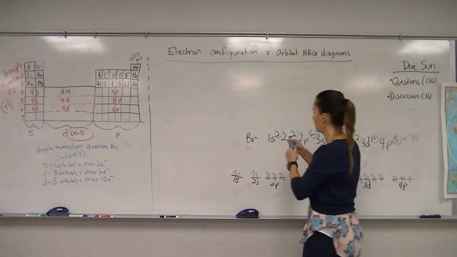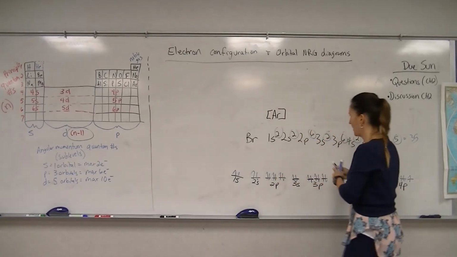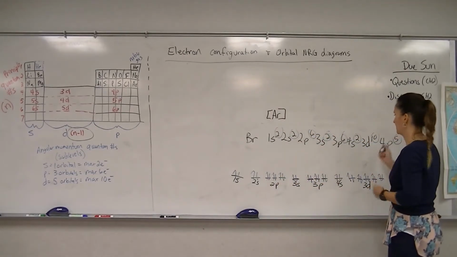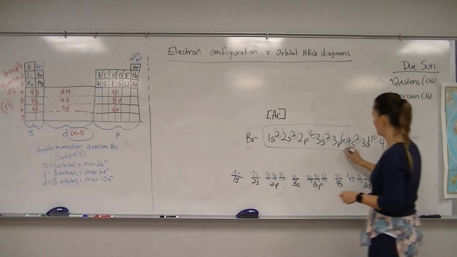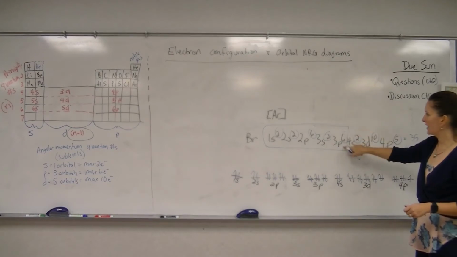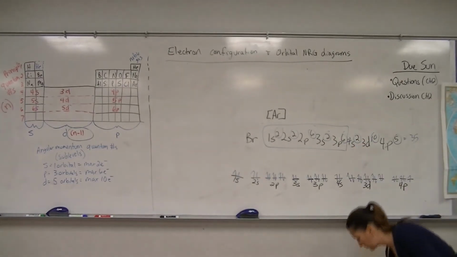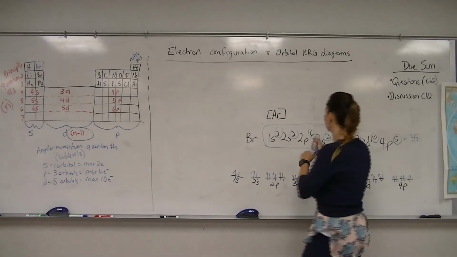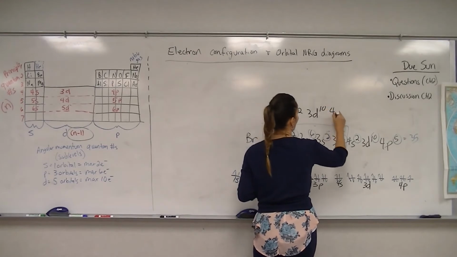So we would write argon in brackets. This is a shorthand, and that would take care of this whole section here, right up to 3p6, because that's where argon is. Now we include what's left, starting in period 4: 4s2, 3d10.